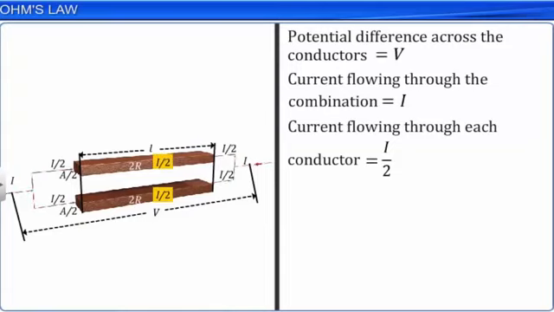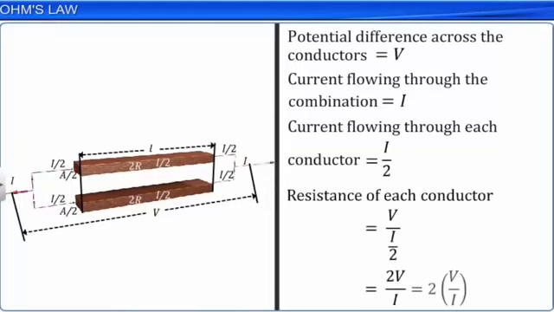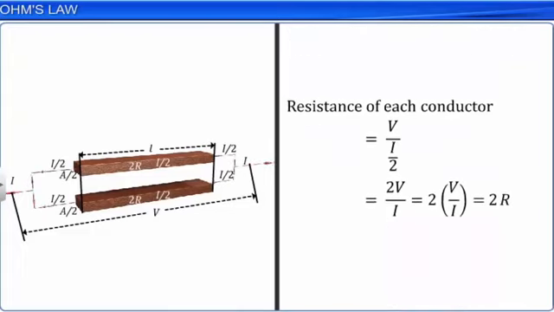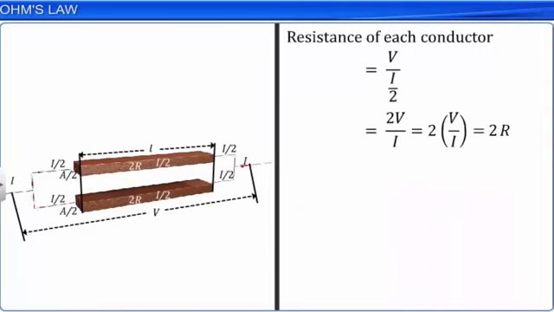Then the resistance of each conductor is obtained as equal to 2R. From this activity, we can conclude that halving the area of cross-section of a conductor doubles its resistance. Generalizing, we can write that resistance R of a conductor is inversely proportional to its cross-sectional area A. Let this be equation 2.